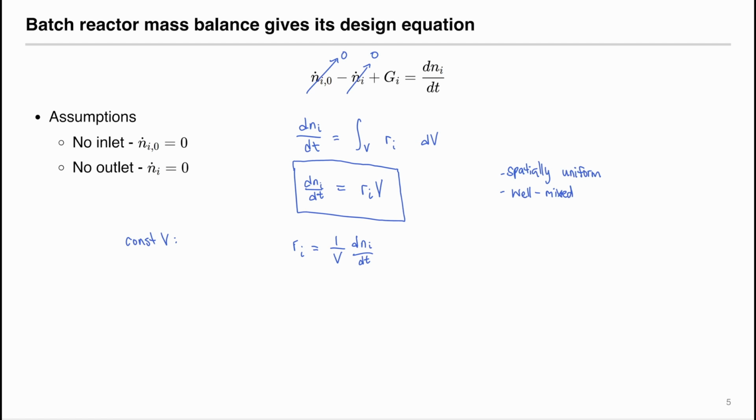Because the volume is a constant with respect to T, and we notice that the moles divided by the volume is just equal to the concentration of the species, we can rewrite this equation as the rate is equal to the derivative of concentration with respect to time. We can describe the rate in the batch reaction with this equation.